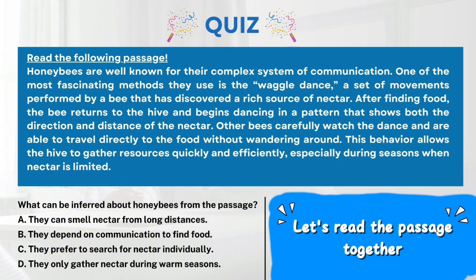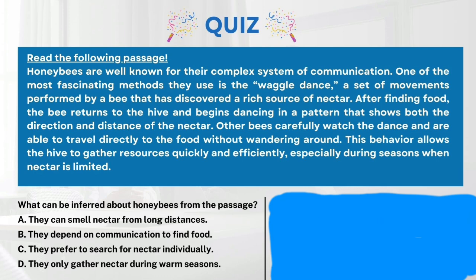After finding food, the bee returns to the hive and begins dancing in a pattern that shows both the direction and distance of the nectar. Other bees carefully watch the dance and are able to travel directly to the food without wandering around. This behavior allows the hive to gather resources quickly and efficiently, especially during seasons when nectar is limited.